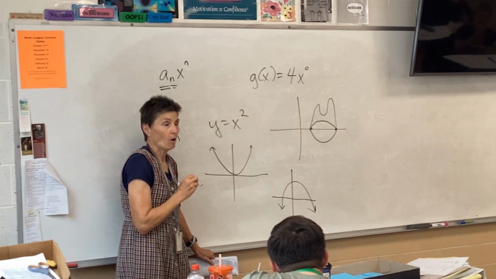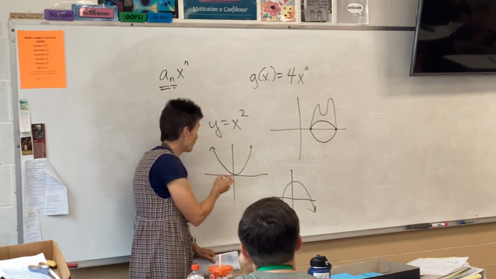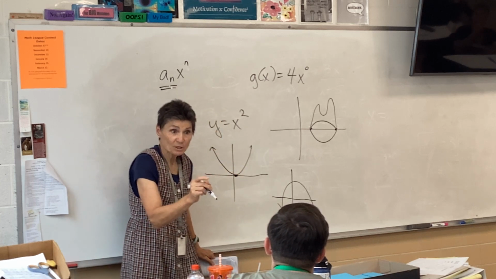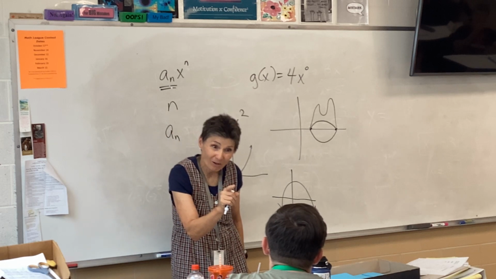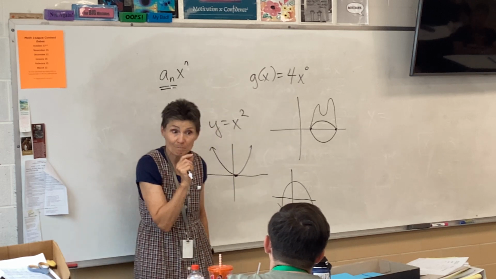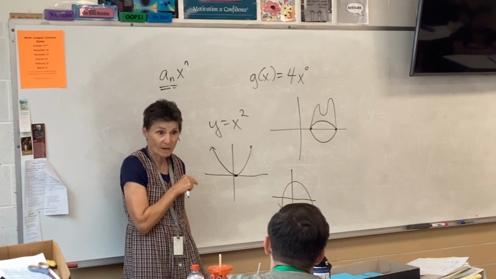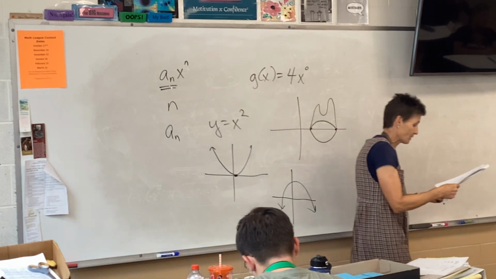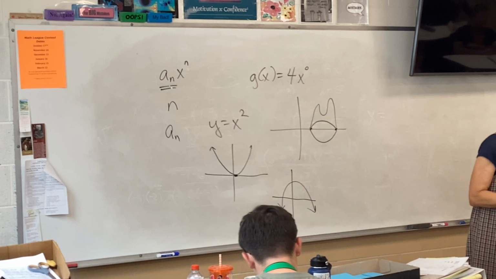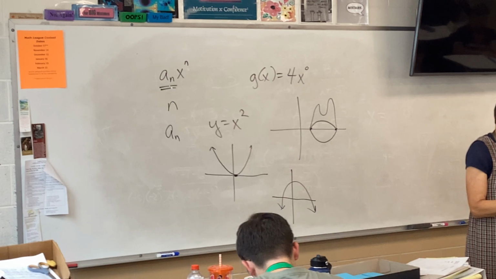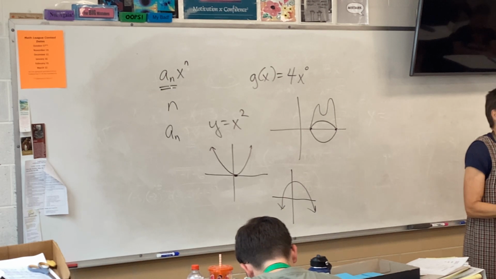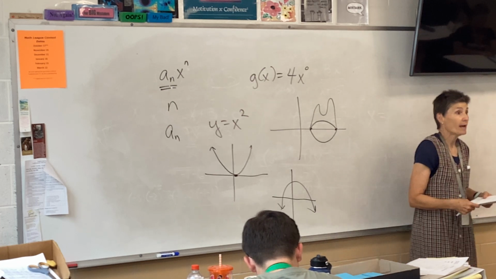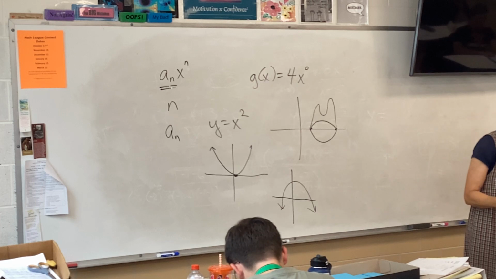Every time I draw one of those, what do I have to have? A vertex, which is either going to be a global maximum or minimum, depending on which way the curve is opening. So polynomials of even degree must have either a global max or a global min. And remember, instead of global, you could be using the word absolute. They mean the same thing.